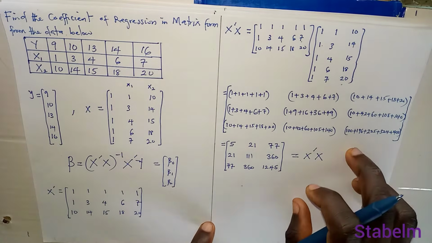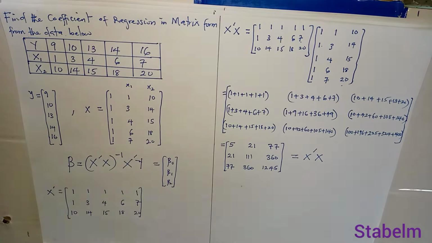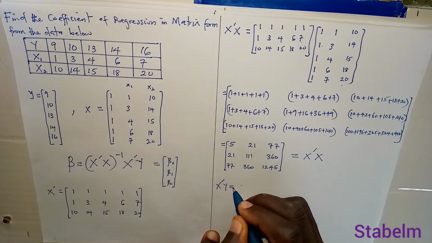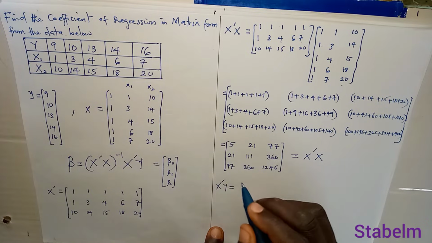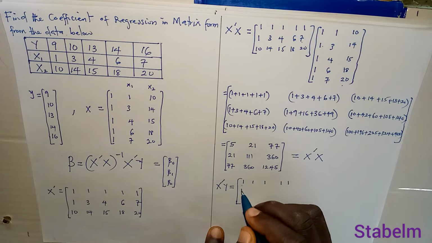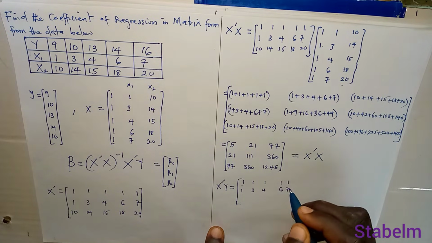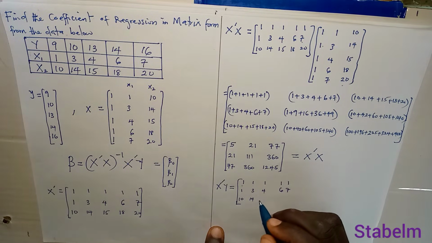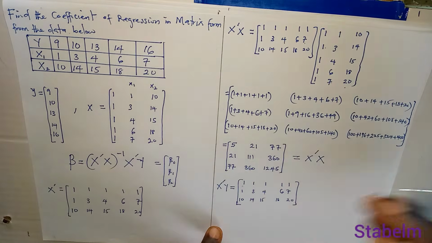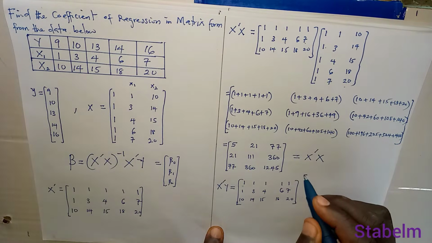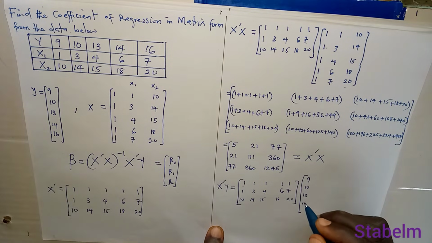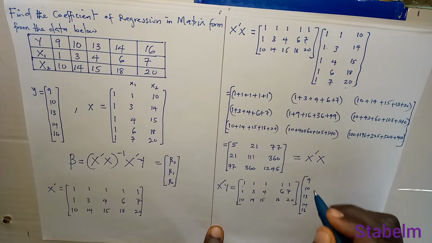But before we look for X prime X inverse, let's look for X prime Y. This is going to be our X prime, which we need: 1 1 1 1 1 1 3 4 6 7 10 14 15 18 20, then multiply by Y, and our Y is this matrix here: 9, 10, 13, 14, and 16.